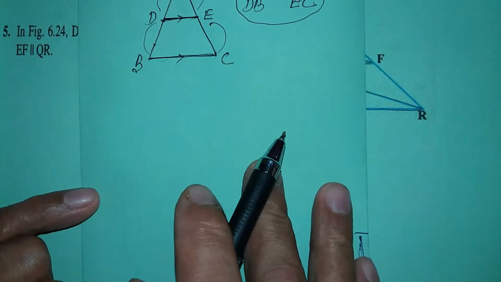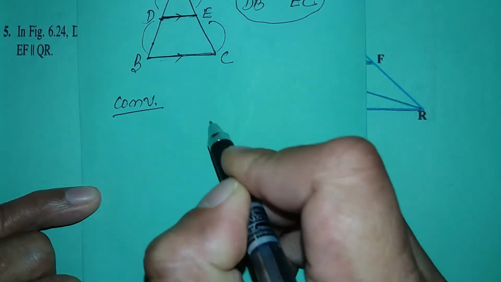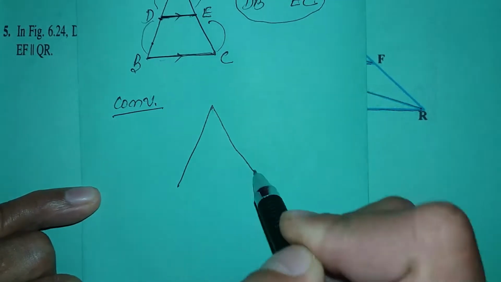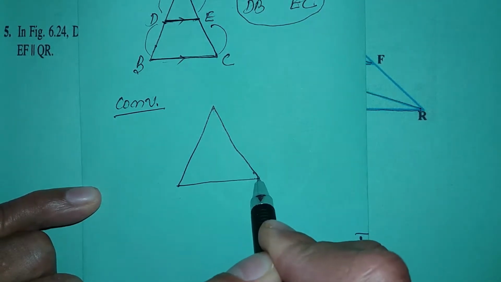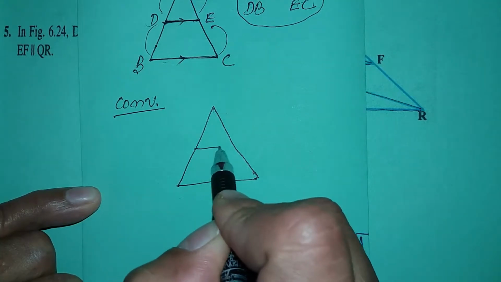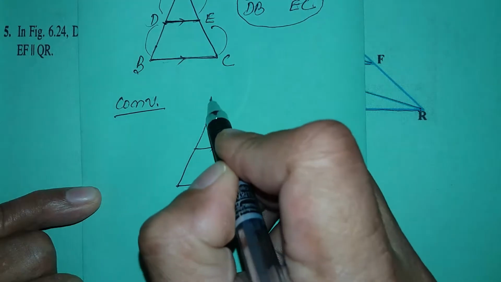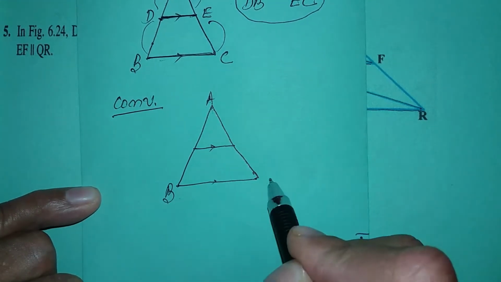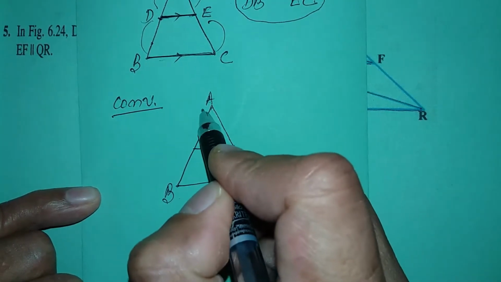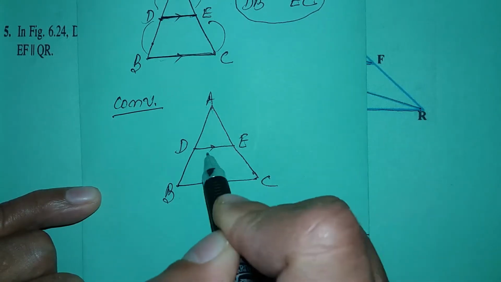Now the converse of this theorem is, if a line divides any two sides of a triangle in the same ratio, then the line is parallel to the third side. Let's say this is DE.